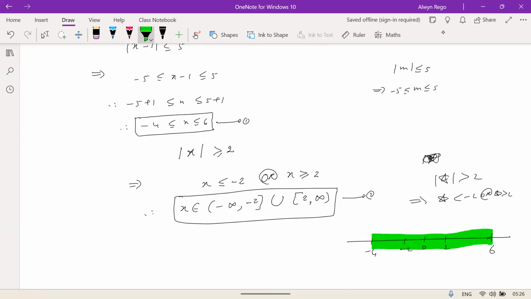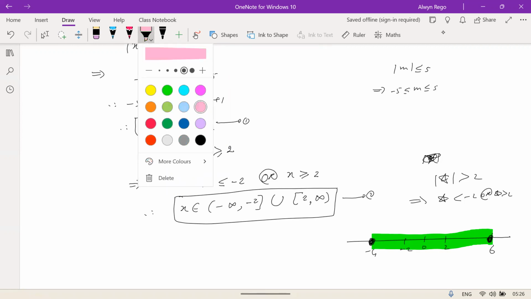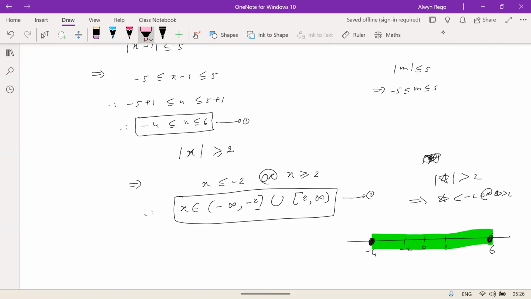This is where I should stay. The second one says that I either find my solution here, or I find the solutions here. I'm sorry, I should find the solutions here.